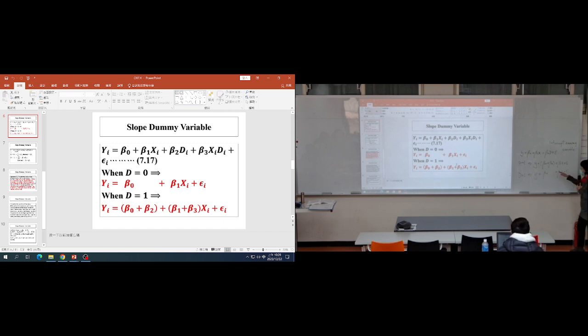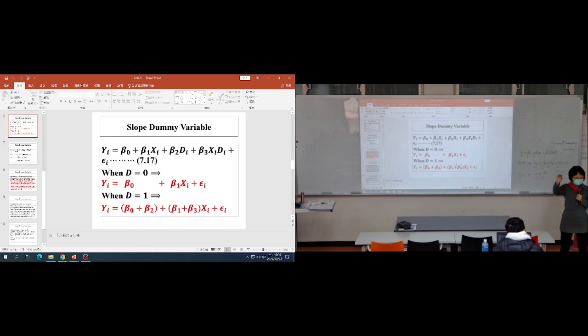But if the beta 2 here is significant, what do we mean by beta 2 is significant? Since we already learned hypothesis testing, after we do this, we have the beta 2 coefficient.